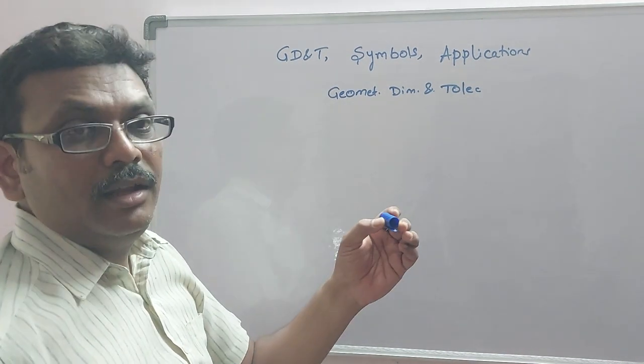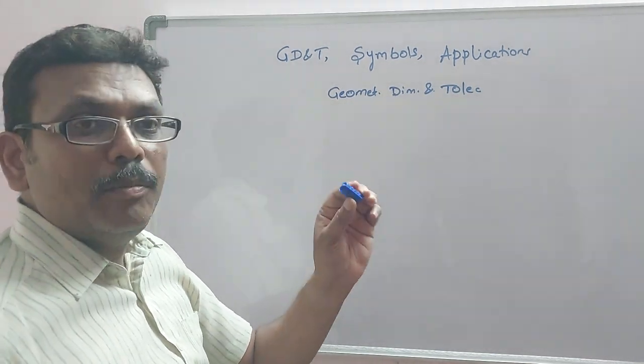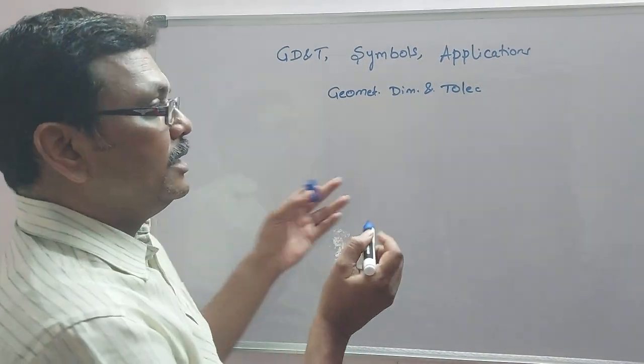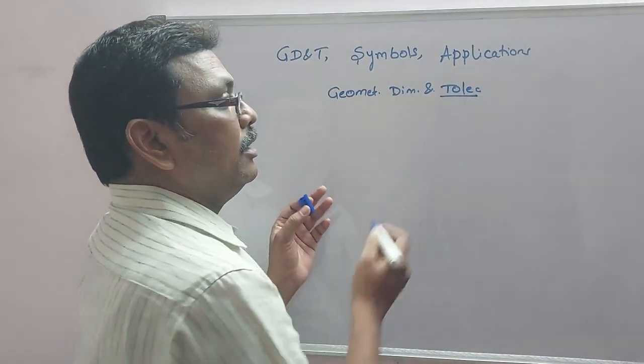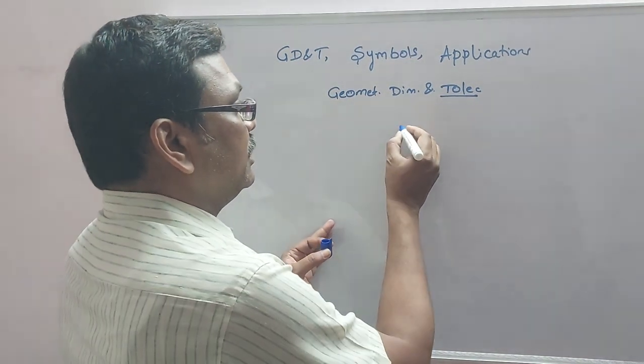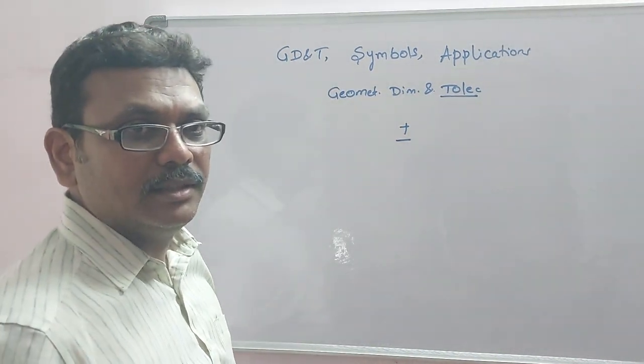In the same way, we can't manufacture a component with exact dimensions. So there should be some set of tolerances. Tolerance means plus or minus. We indicate it as plus or minus.